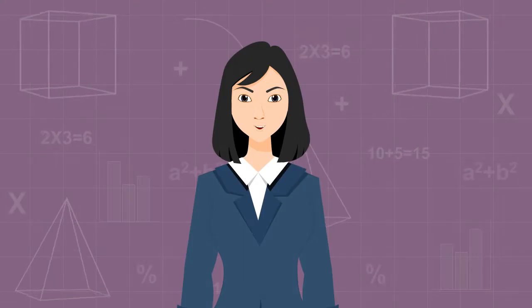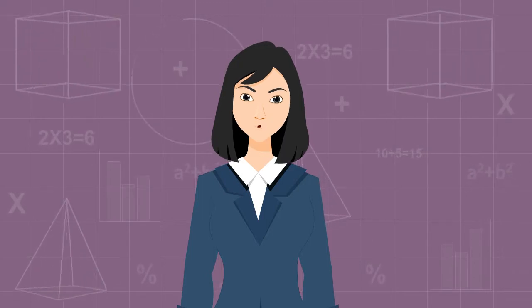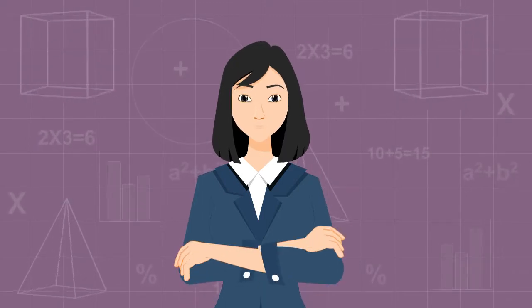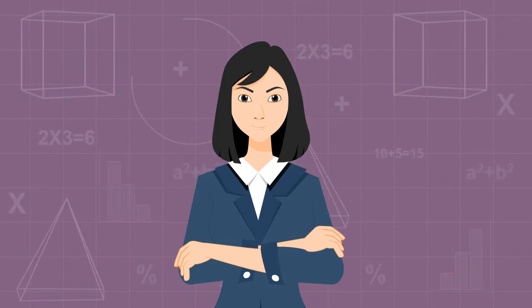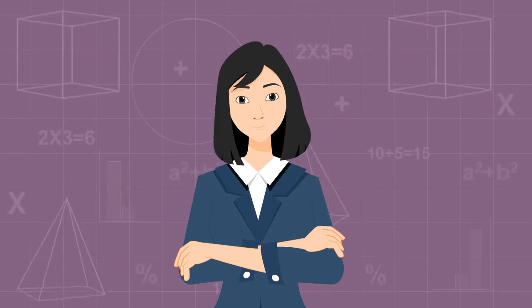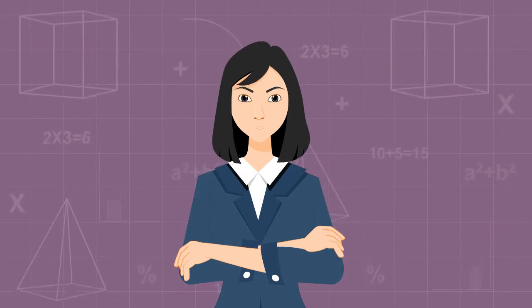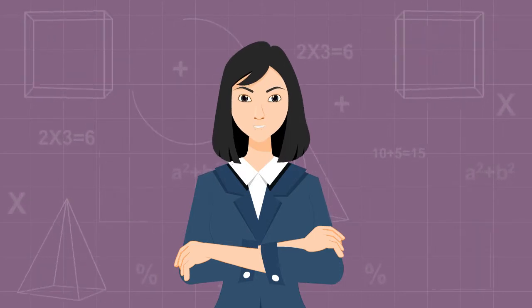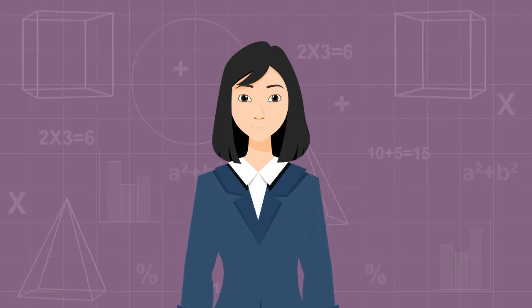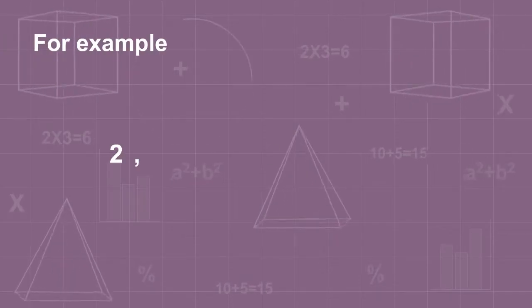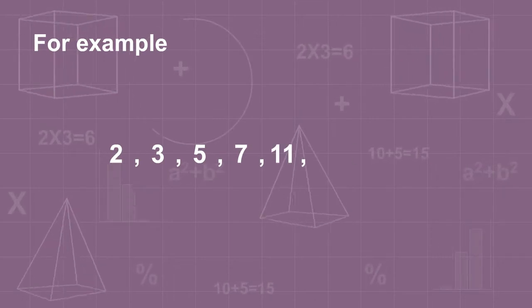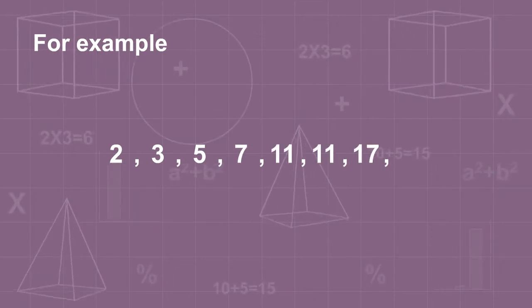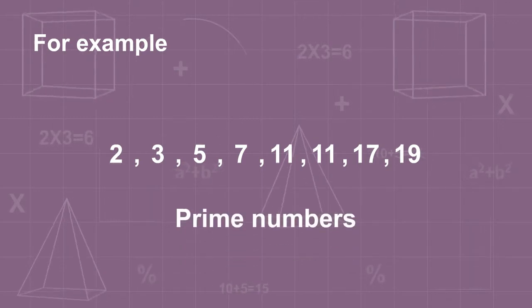Friends, do you know about prime and composite numbers? A counting number having exactly two factors, 1 and itself, is known as prime number. That means only 1 and the number itself can completely divide the given number. For example, 2, 3, 5, 7, 11, 13, 17, 19, etc. are prime numbers.